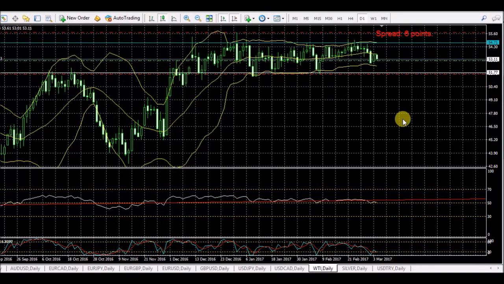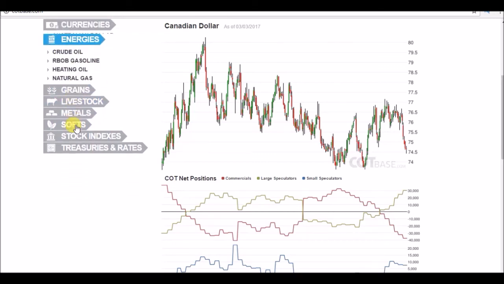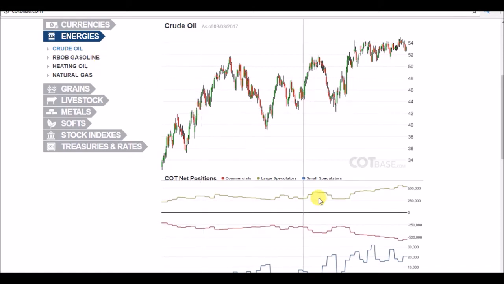My commitment of traders on oil. Let's just go and have a look at that. Energy, sorry. Crude oil. Yeah, so here we go. Again, you've got the same position where the commercials have been short oil for a long time.